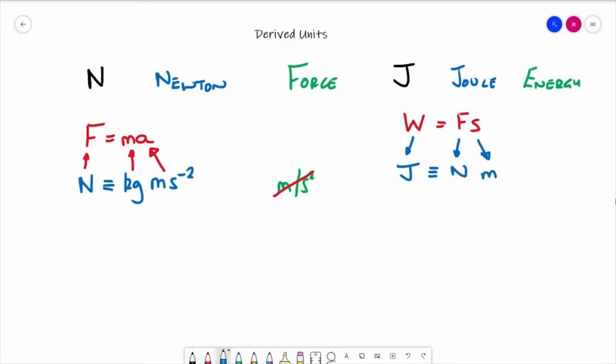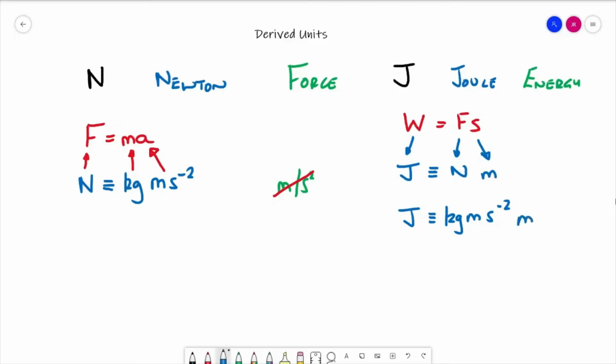Now we're not quite there, because while meters is a base unit, obviously the Newton, as we've just seen, is a derived unit. But fortunately we don't have to go all the way back through, because on the left hand side of the screen we've got the equivalent of the Newton. So we can now say the joule is equivalent to kilogram meters per second squared, so that's from the Newton.